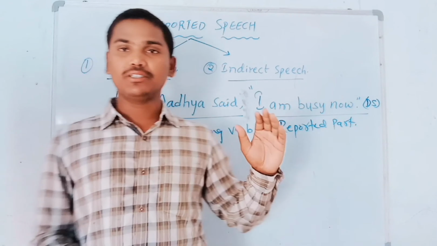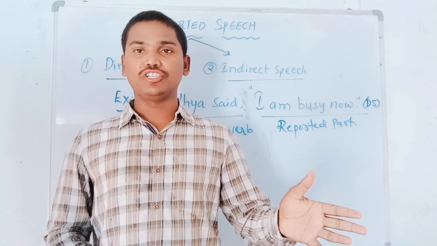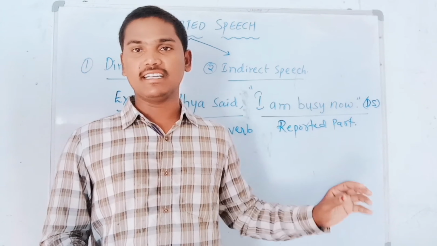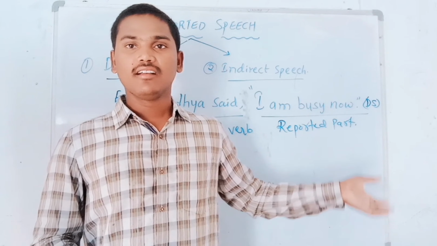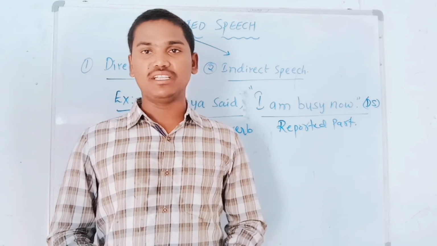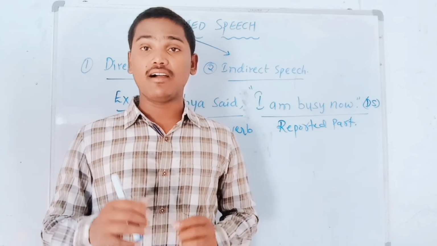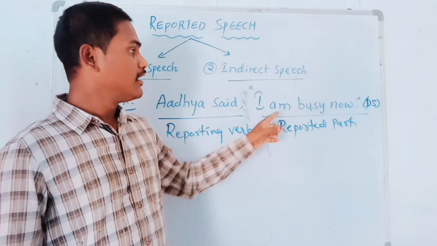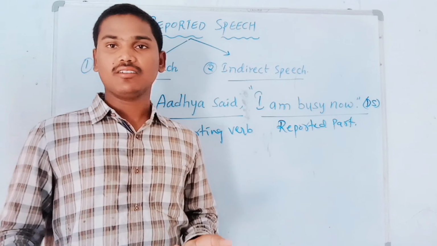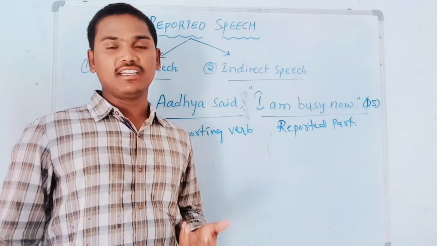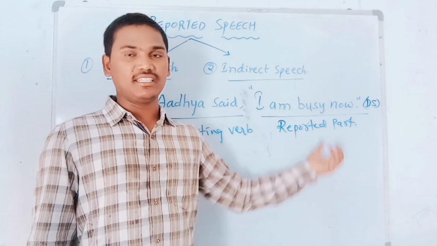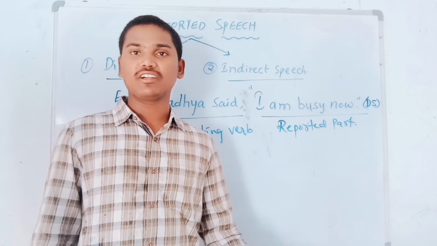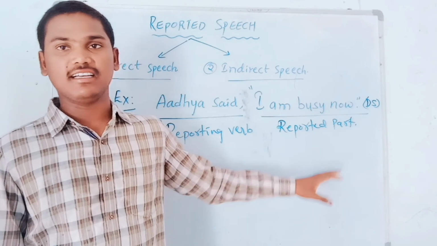According to the sentences and tenses, we have to make changes in indirect speech. Okay dear students, I would like to repeat once again. It may be in present tense, past tense or future tense. Every time we won't get present tense sentences only, every time we won't get past tense only, and every time we won't get future tense sentences only.